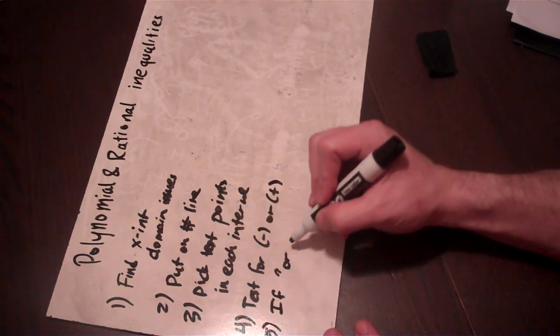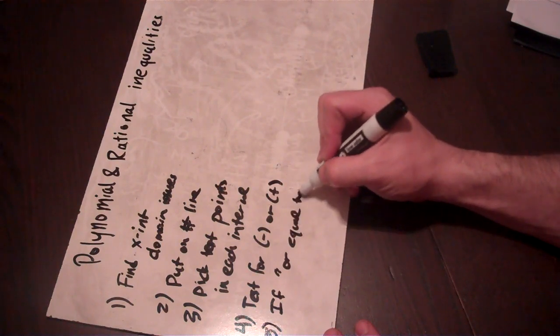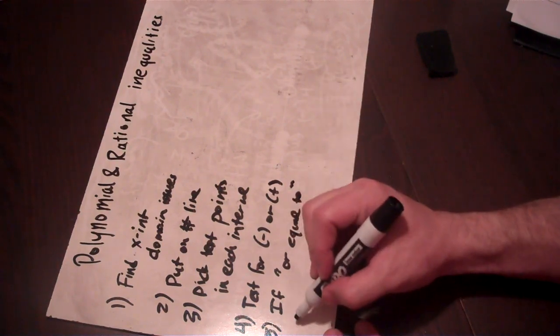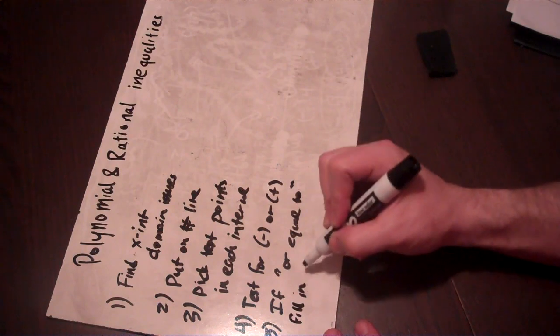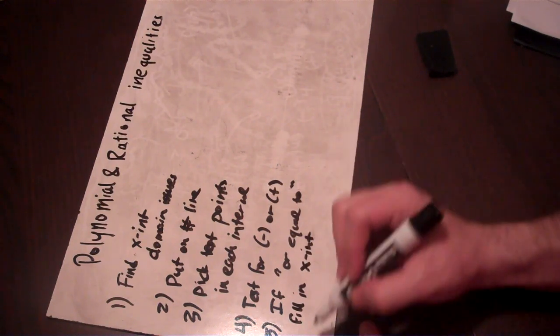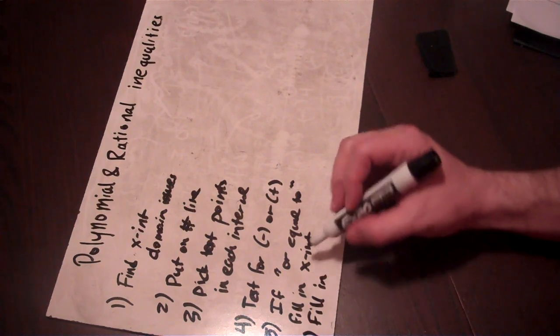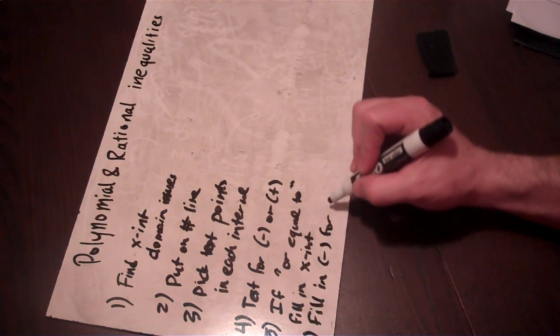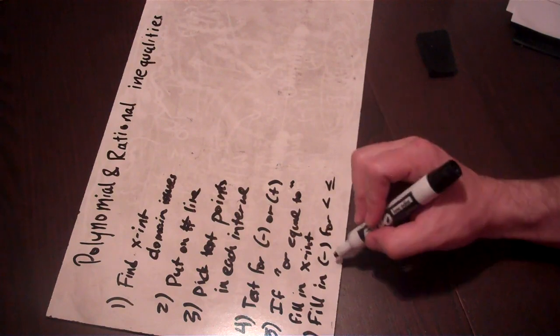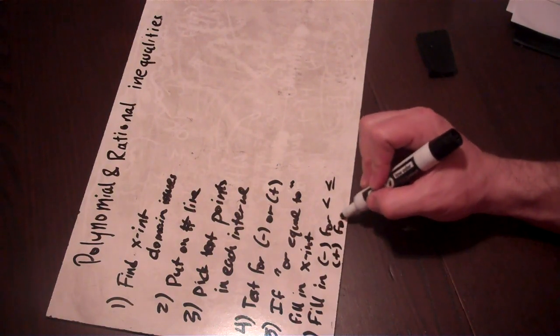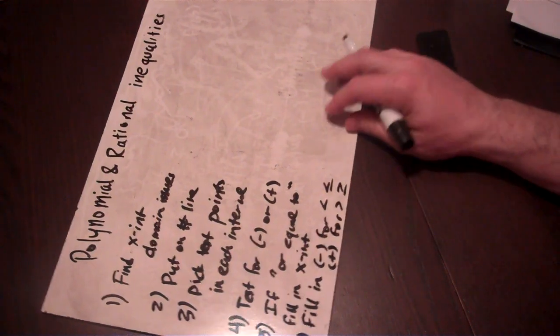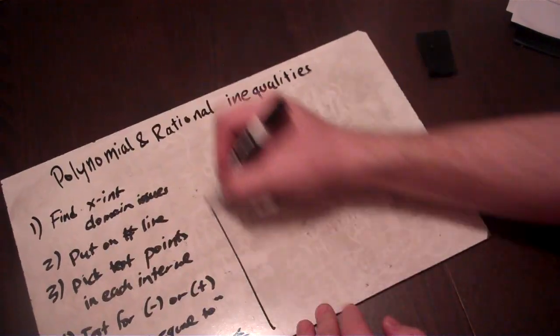If or equal to, fill in x-intercepts. Fill in negative for less than or equal to, fill in positive for greater than or equal to, and then whatever you get, that's your final answer.